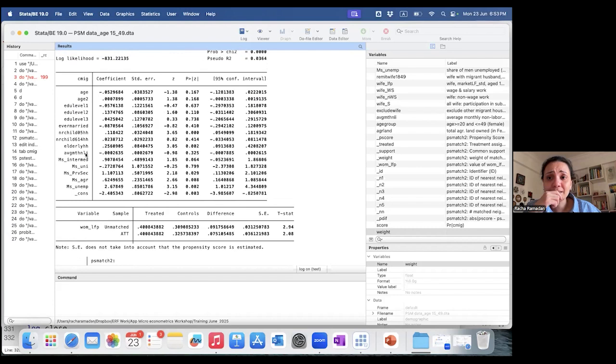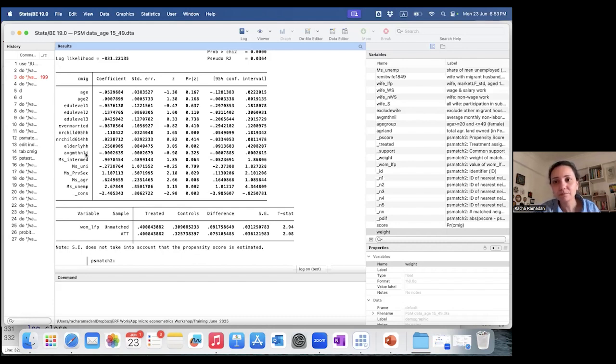If I compare between you and me, and we have all the characteristics equal, and I am working and you are not, and I have a migrant partner and you are not, we assume that the only difference making me work and you not work is that I have a migrant husband. All the other characteristics are the same, so they are not affecting our decision of participating in the labor market.